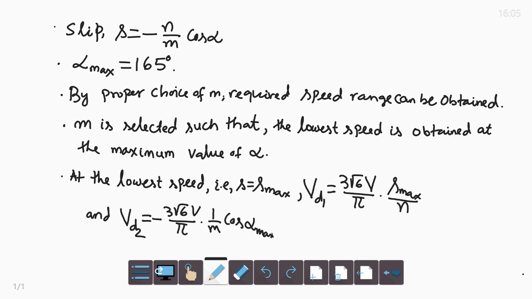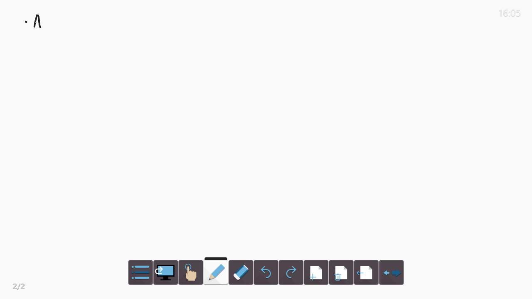So, as Vd1 equals Vd2, this condition has to be satisfied. This leads to m equals minus n by s max into cos alpha maximum.